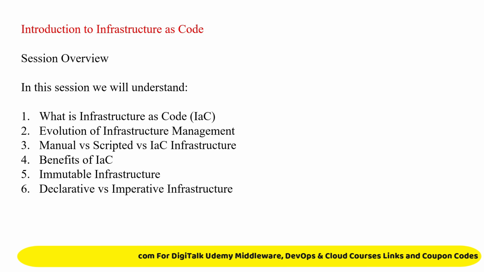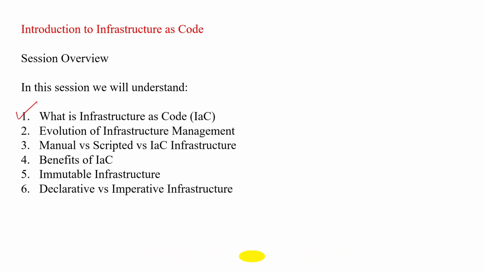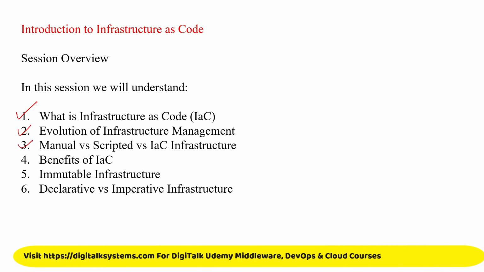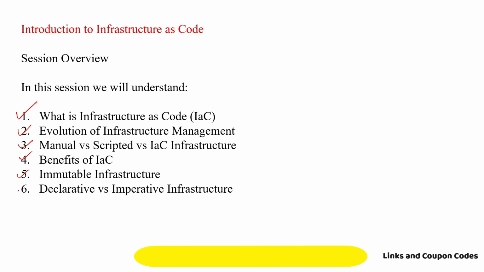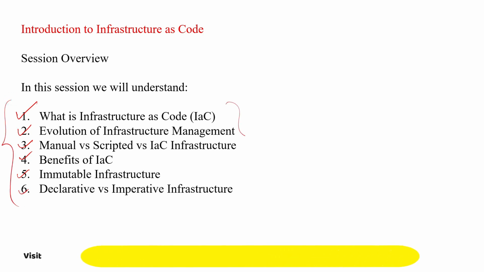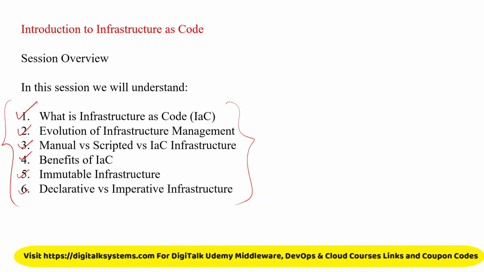So what we are going to cover in this session: what is infrastructure as code, evolution of infrastructure management, manual versus scripted versus IaC infrastructure, benefits of IaC, immutable and mutable infrastructure, declarative and imperative infrastructure. These are certain important functionalities with respect to Terraform, and these are important from the interview perspective as well.